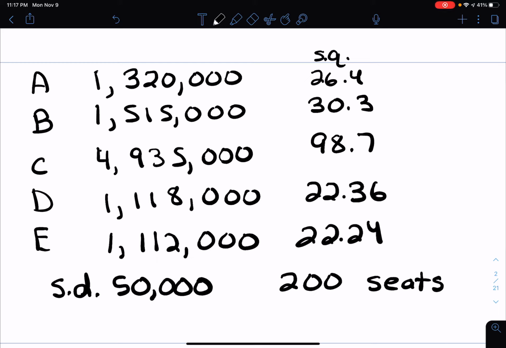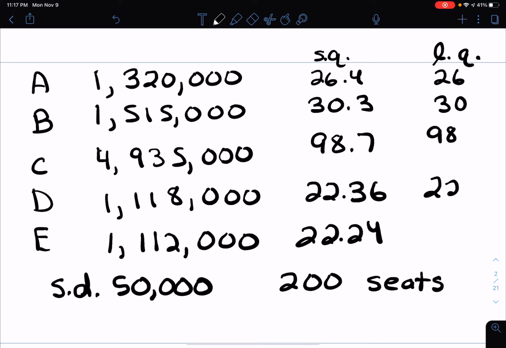Now, since we are talking about Jefferson's method, what Jefferson said was you should be able to look at lower quotas and have those add up. In this scenario, the lower quotas would be 26, 30, 98, 22, and 22.